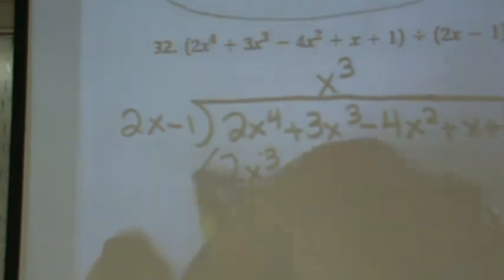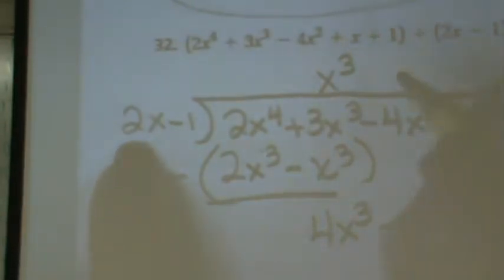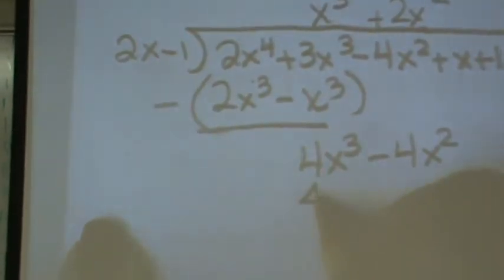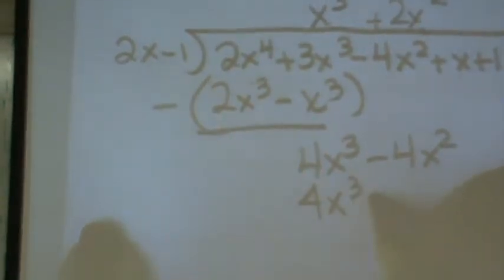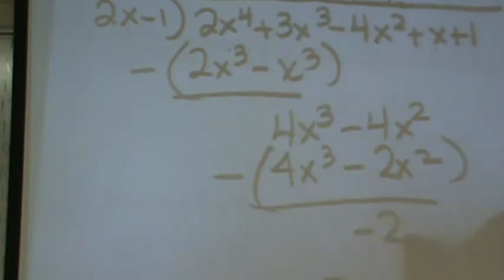We're going to subtract these, and you end up with 4x cubed. Bring down minus 4x squared. We need a 2x squared, because this times this is going to give you 4x cubed minus 2x squared. We're going to subtract these two, and you're going to get negative 2x squared.